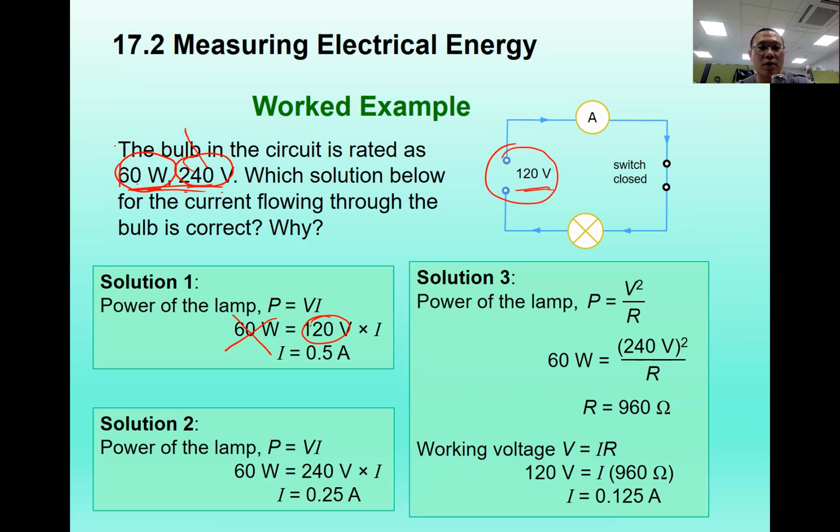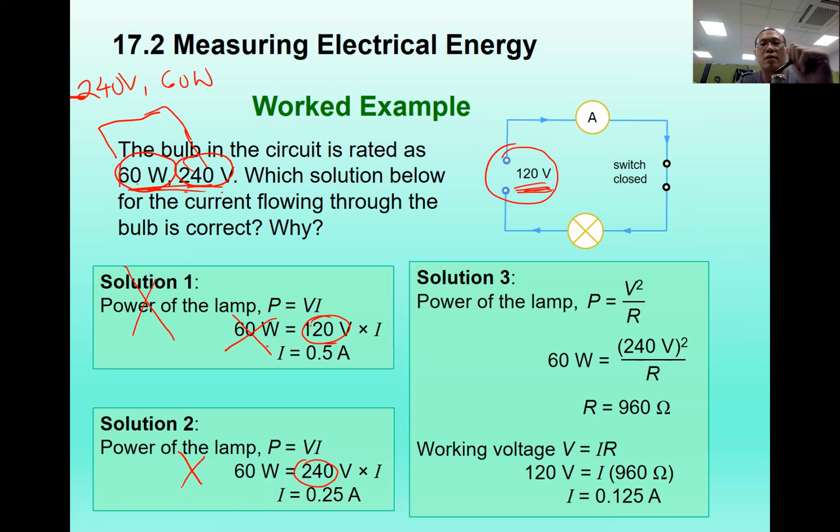Based on the specs, 240 volts gives 60 watts only at this rating. If you use 120 volts, it will not be 60 watts, so this solution is out. Same thing, you cannot use 240 volts because the power source given in the question is 120 volts. You cannot just change the power source this way.